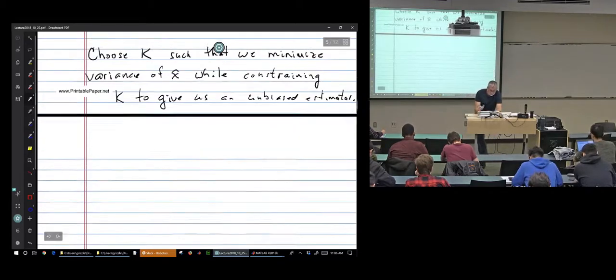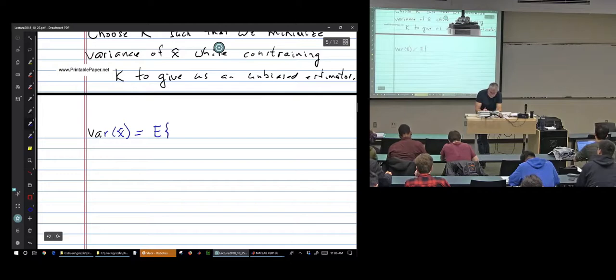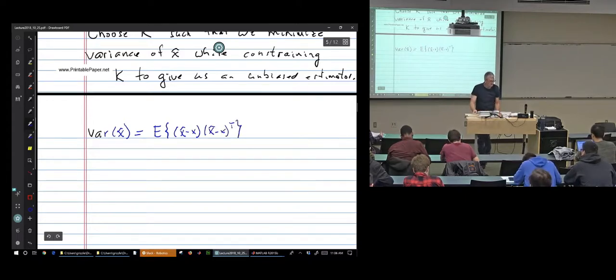Okay, so let's find the variance of X hat. Variance of X hat equals the expected value of X hat minus its mean, okay, it's unbiased, times X hat minus its mean transpose.